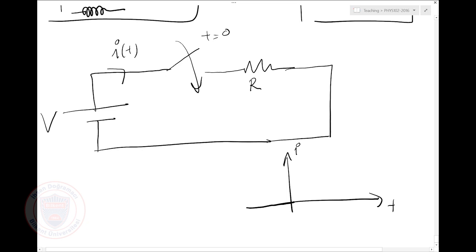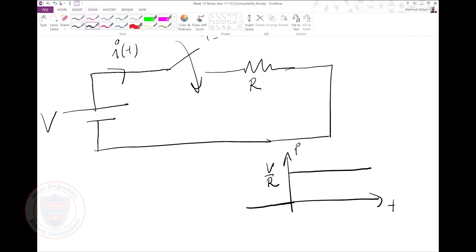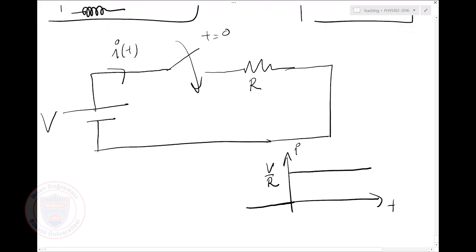What will its value be? V over R. So it will actually just be V over R without the inductor. What do I expect if I actually change the system? I tie an inductor here.